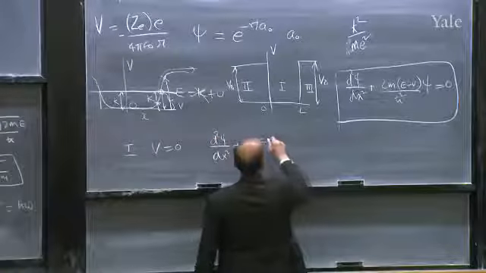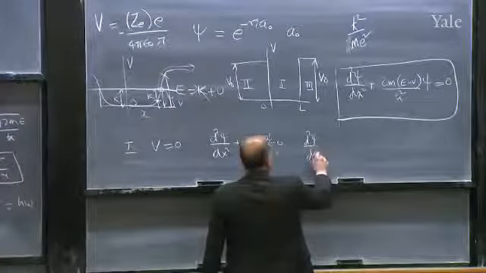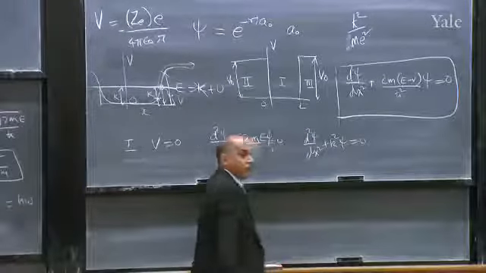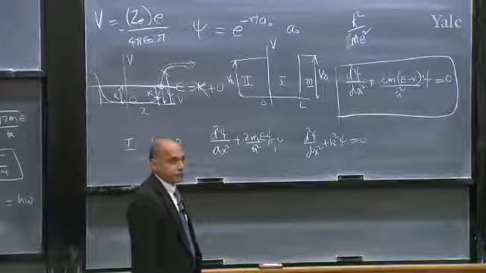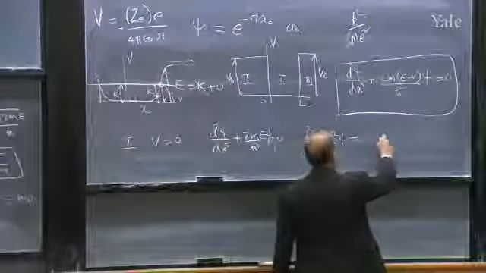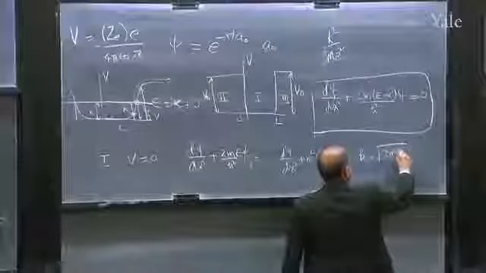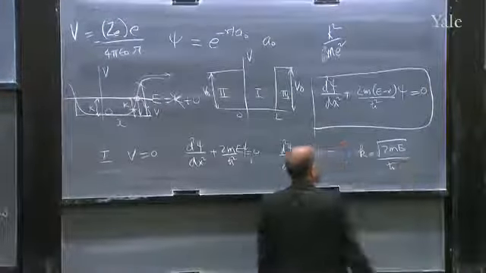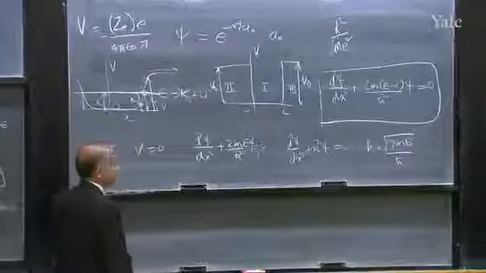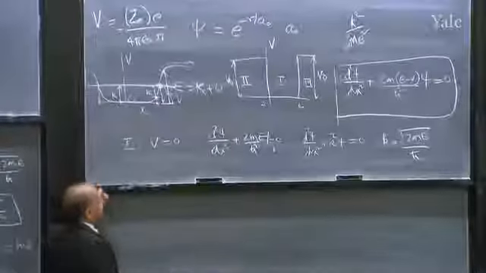So let me write it as d2 psi over dx squared plus k squared psi equal to 0, just like before. This k is the same as before. K is equal to the square root of 2m E over h bar, in region 1. So what's the answer to that one?